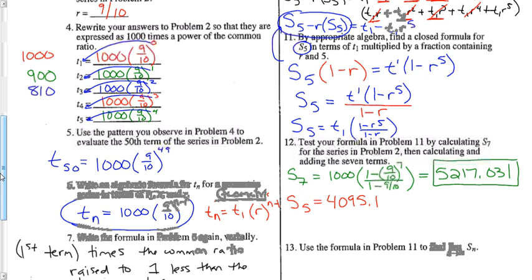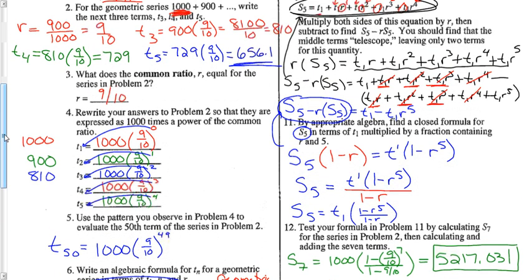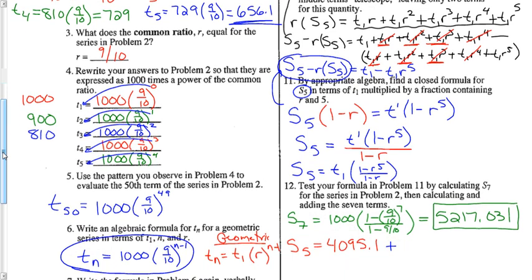And so what we need to do is find the next 2 terms. So the next term is going to be, hold on again, I'm scrolling back up to find, term number 5 was 656.1. So I need to take 656.1 times 9 over 10. So let's figure out what that is.